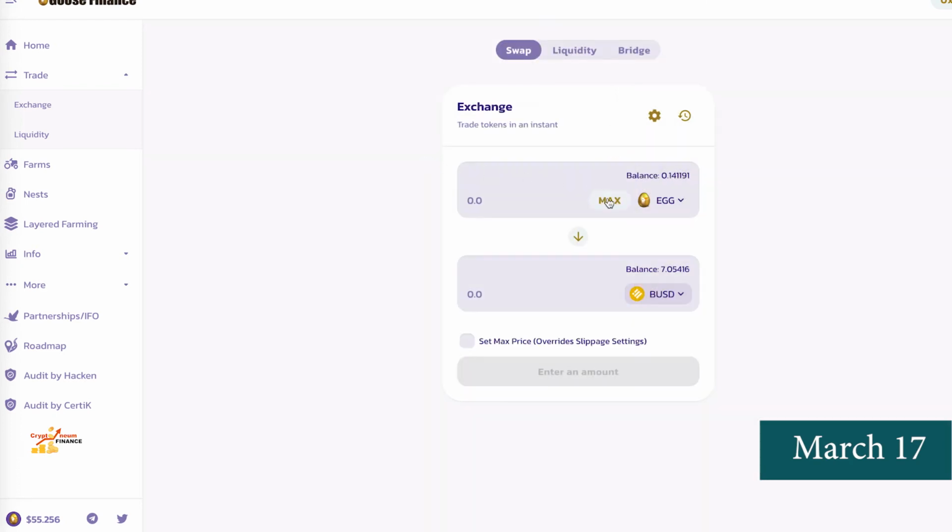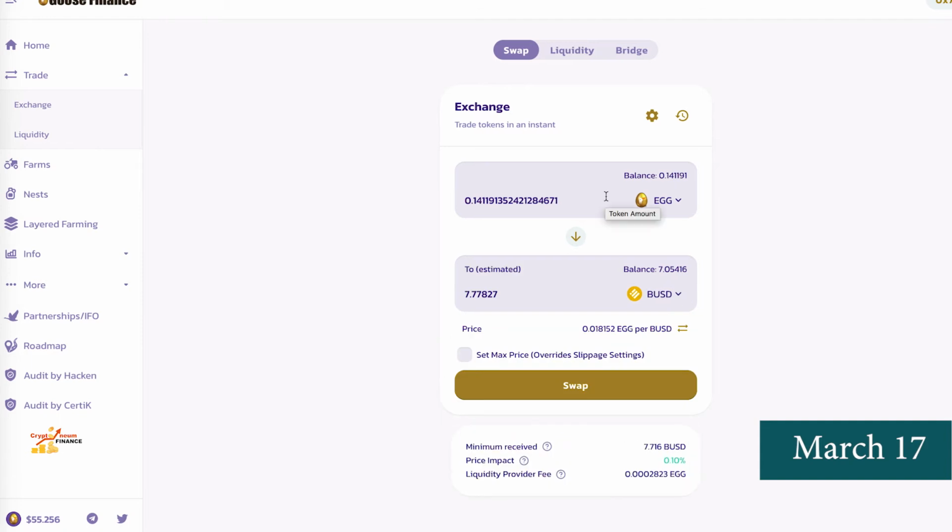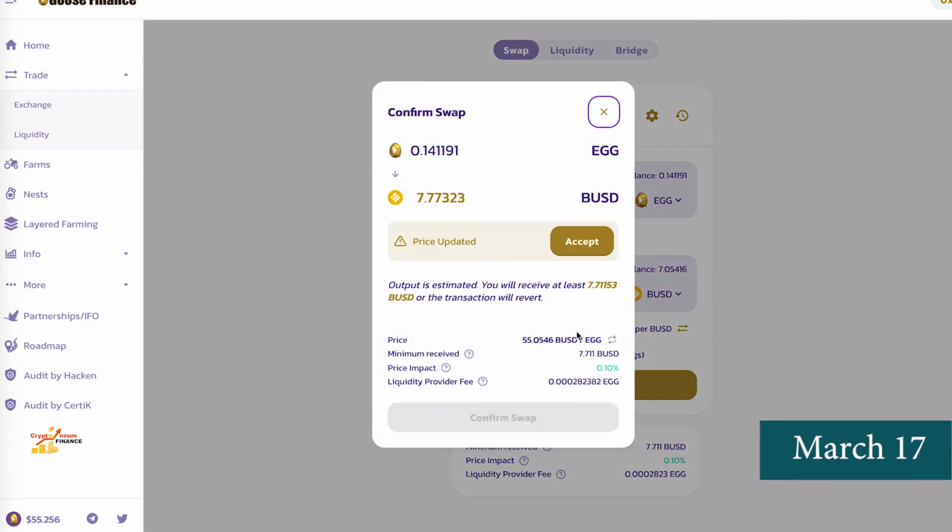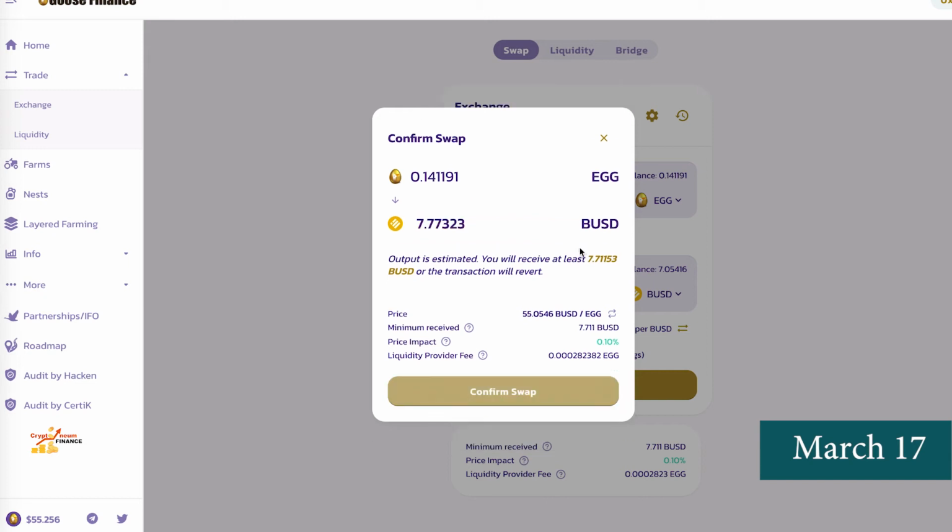And that's going to give us, let's see, 7.778. Okay, so that's pretty good. Let's go ahead and press swap. And oh, price updated. Just accept that, and let's confirm the swap right now.